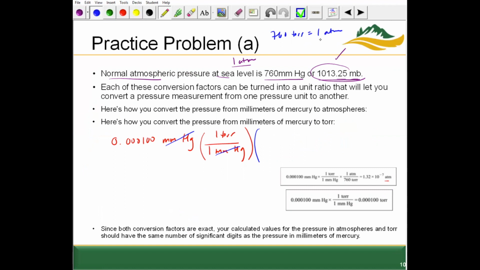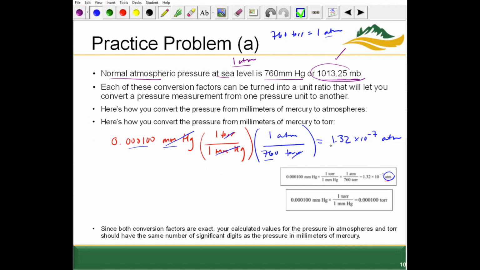Do we put atmospheres in the numerator or in the denominator? We want to end up with atmospheres as our final unit, so we want to cancel out torr. So put 760 torr, 1 atmosphere. This leads to torr and torr canceling out. So basically taking this pressure in millimeters of mercury, initially divided by 760, equals 1.32 times 10 to the negative 7th atmospheres.